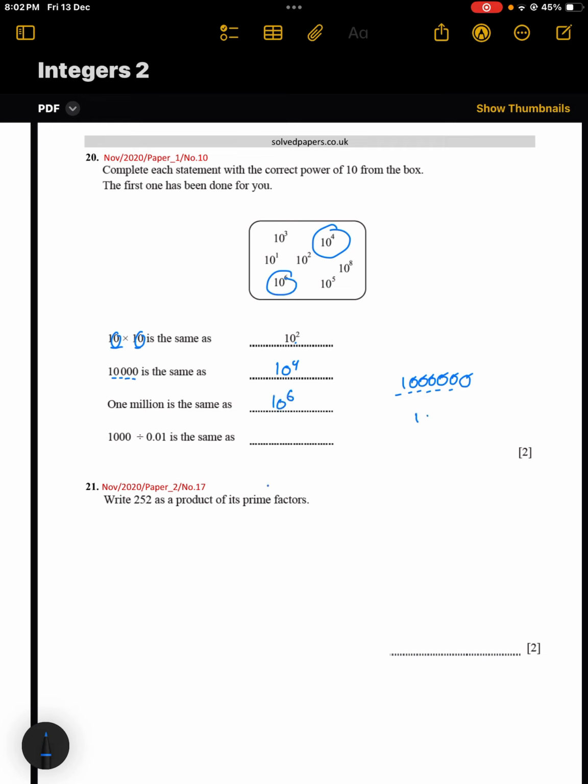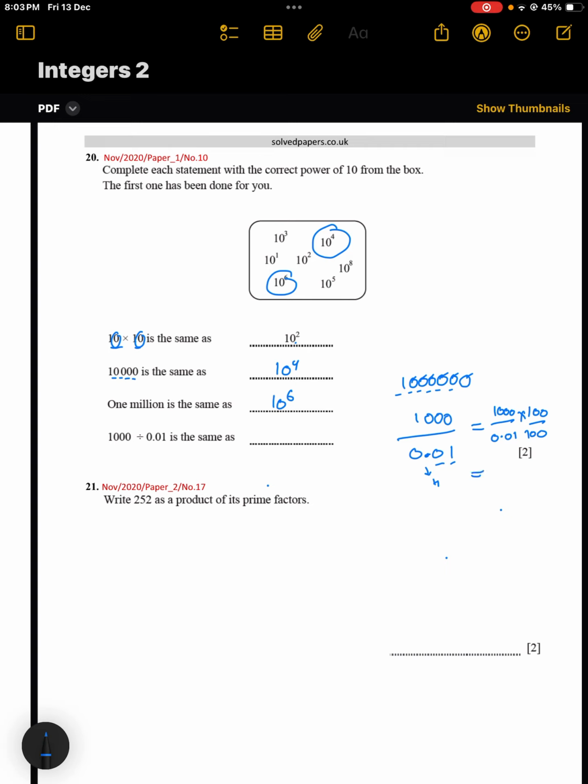Now 1000 divided by 0.01. We have done this question today in the class as well. We need to get rid of this decimal point, and let's find out the decimal point lies at the position of unit, 10, 100. So I will multiply 100 above and down.